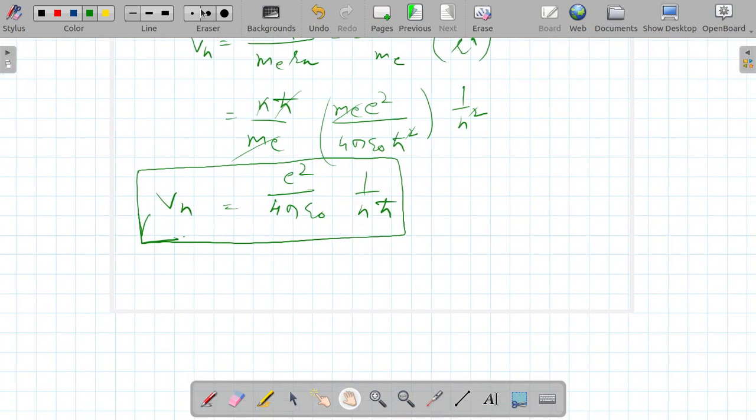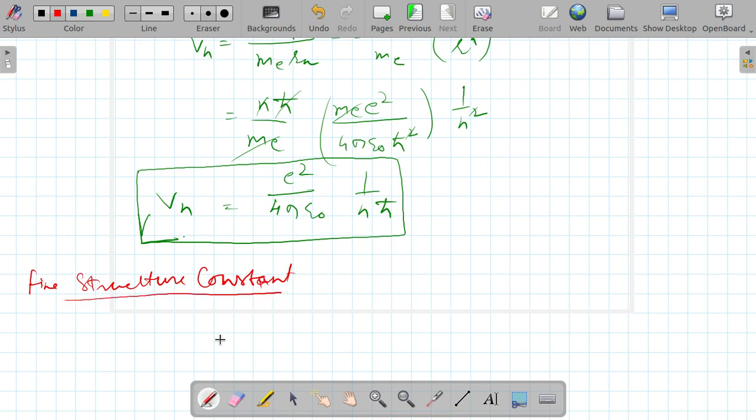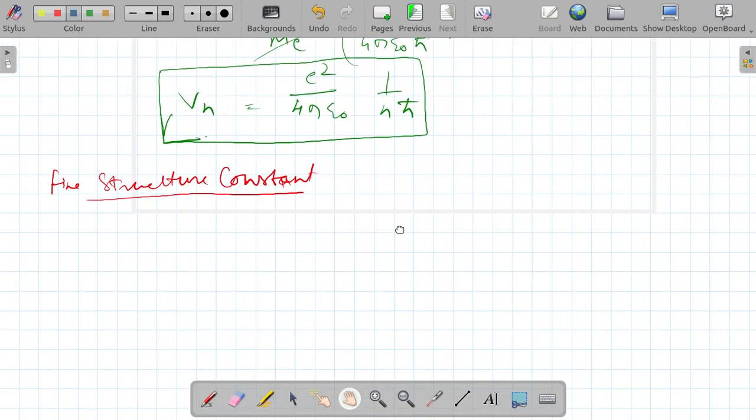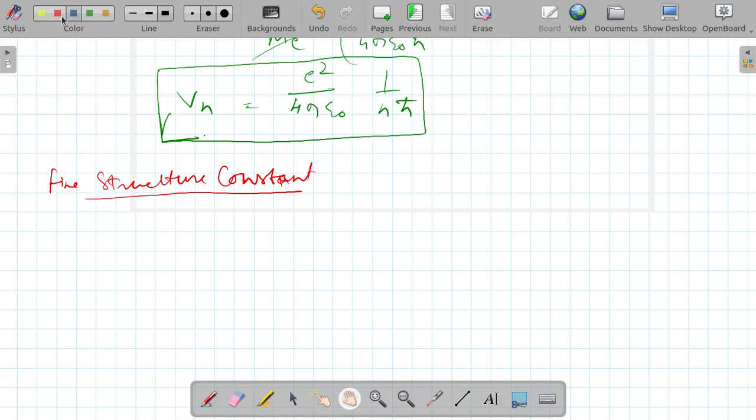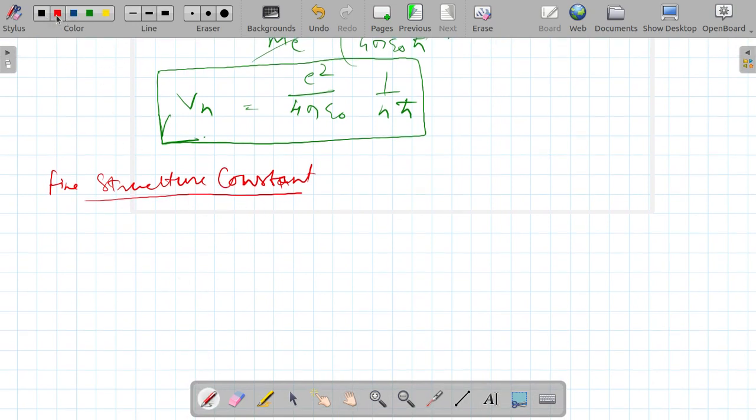Now let us calculate another very interesting parameter, that is the fine structure constant. This fine structure constant alpha is a dimensionless quantity, because it is the velocity in the first orbit divided by the speed of light, the ratio of two velocity terms.